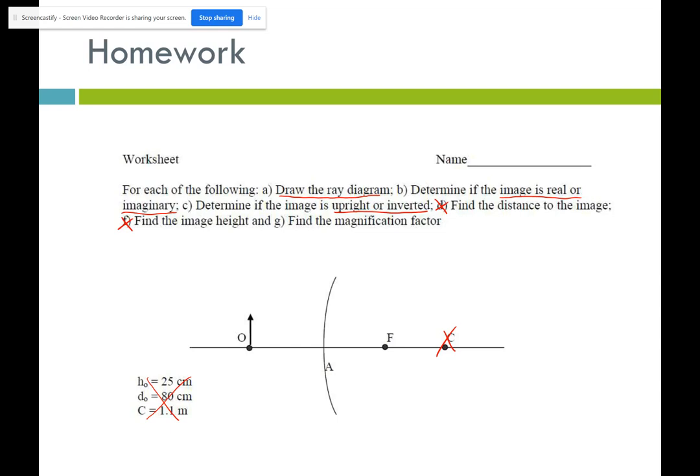We're going to be doing that later in the week. And for the magnification, instead of telling me the magnification, I just want you to tell me, is the image bigger or smaller? Okay, you're going to do the exact same thing we did in the examples on that whiteboard.